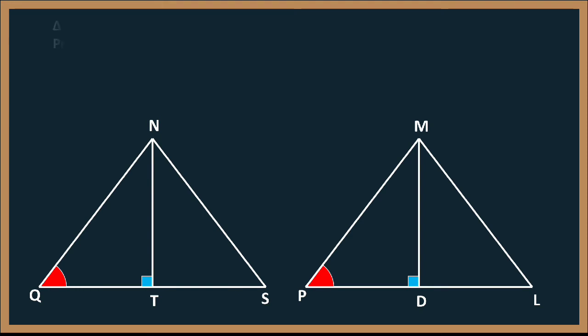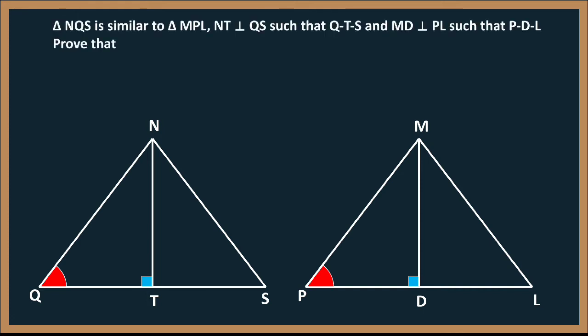Okay, so I have these two triangles. I've taken the same names so that you can understand it better, NQS and MPL. Now for your exam, your question would be somewhat like this. Triangle NQS is similar to triangle MPL. NT is perpendicular, perpendicular means it is going to make a 90-degree angle, to QS, such that Q-T-S.